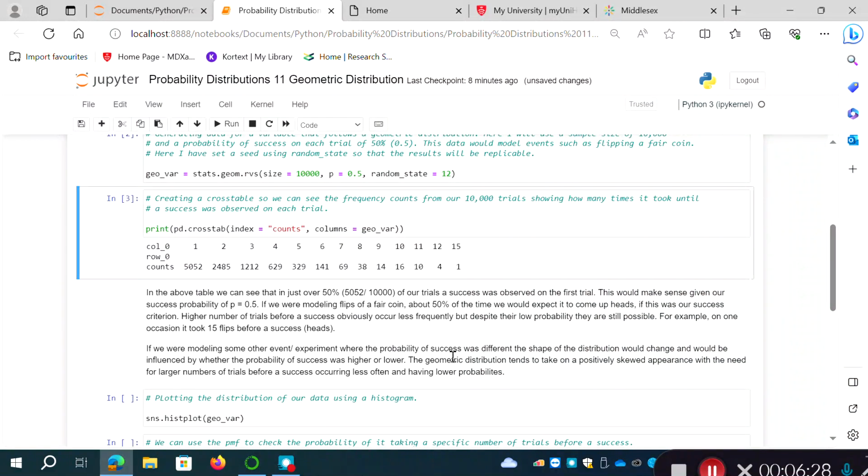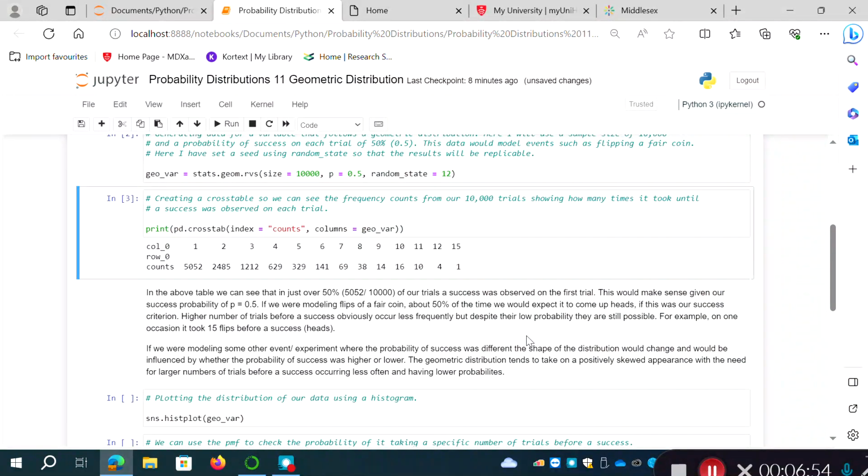So if we were modelling flips of a fair coin, about half the time we would expect it to come up heads, and just over half the time we have had a success on our first trial, essentially.